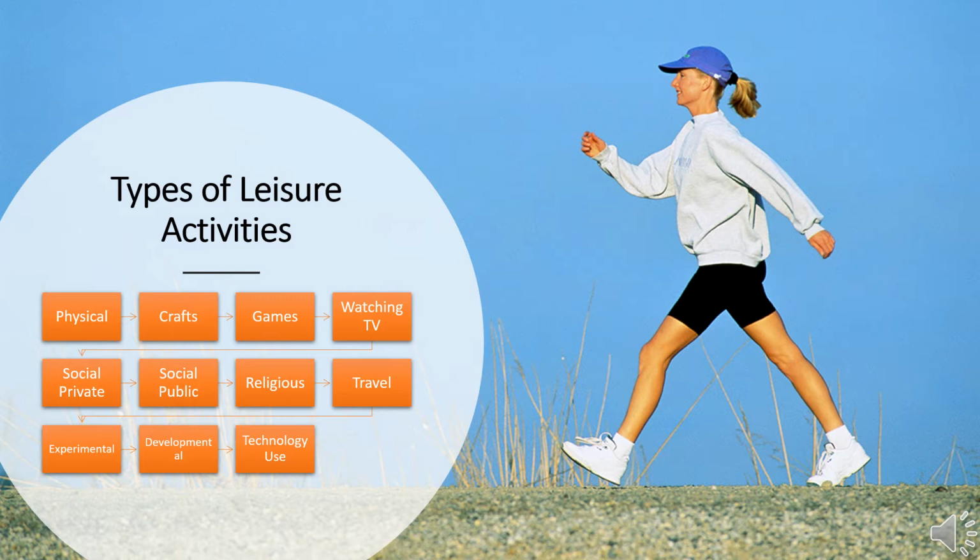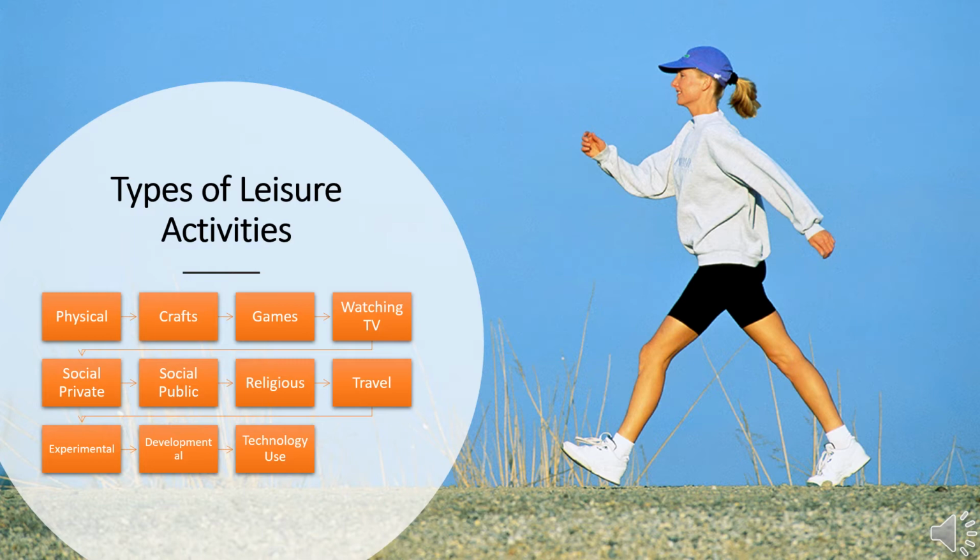There are different types of leisure activities. Our book classifies leisure activities as the following: physical, crafts such as woodworking or house repairing, games, watching TV, social private, for example, going out with a friend or going out to a dinner.